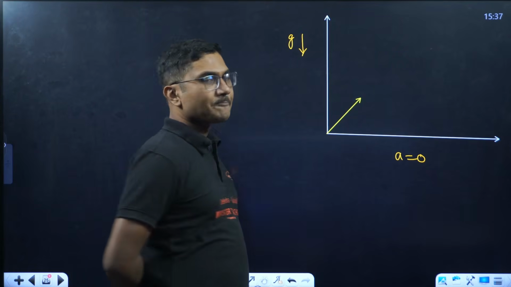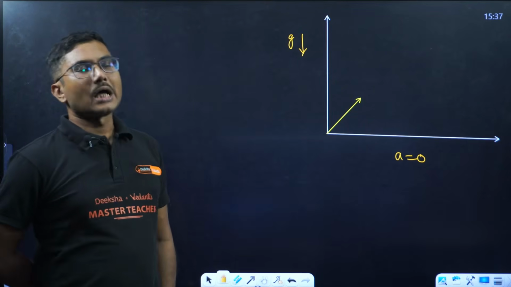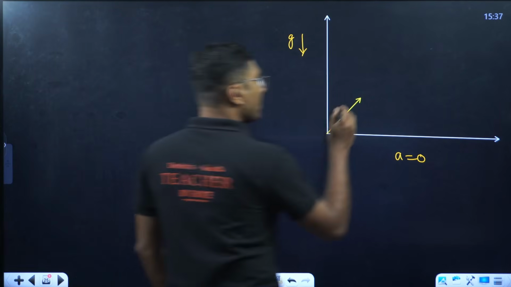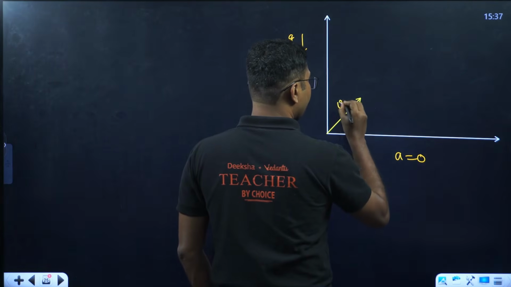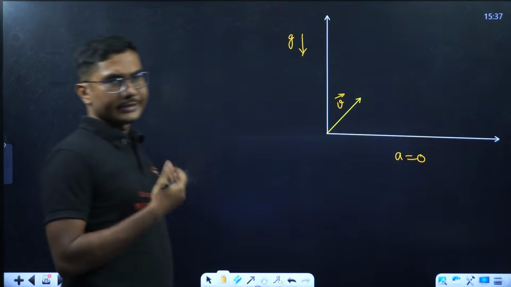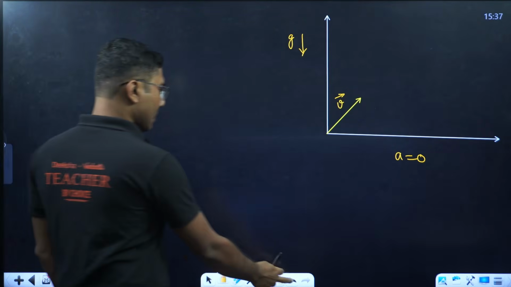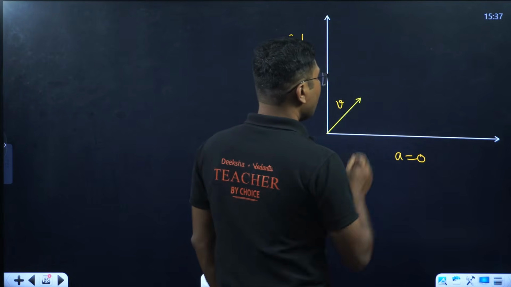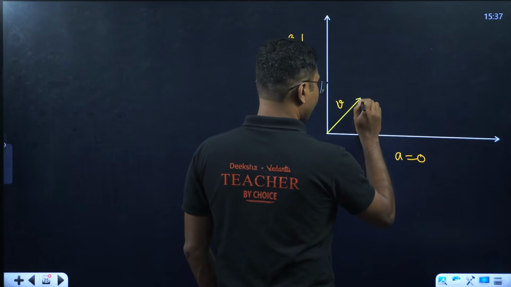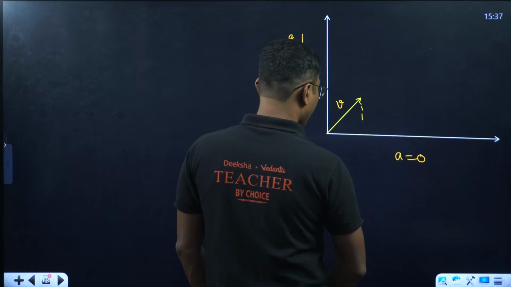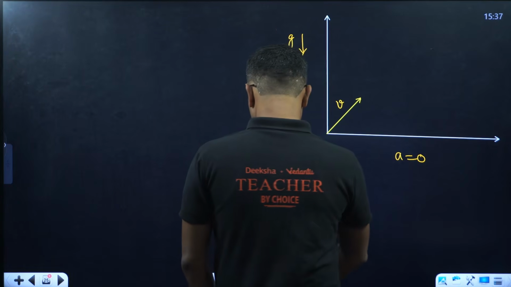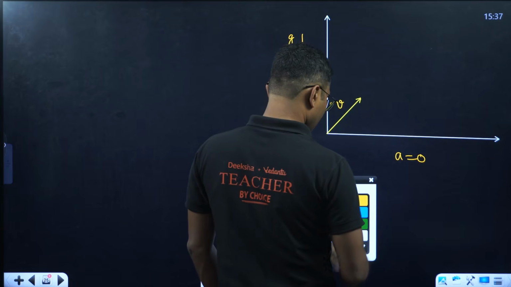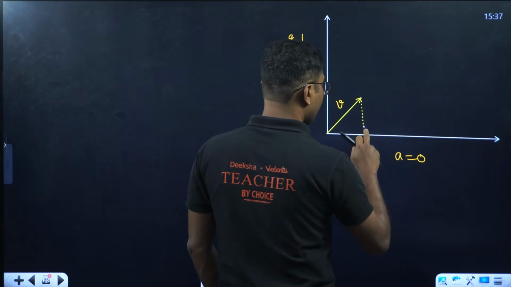Now the thing is how projectiles work. So that's what we will find out. First, this is my velocity vector v, okay. What I will do is take two components of this velocity. One is along this direction, let me use a dotted line.